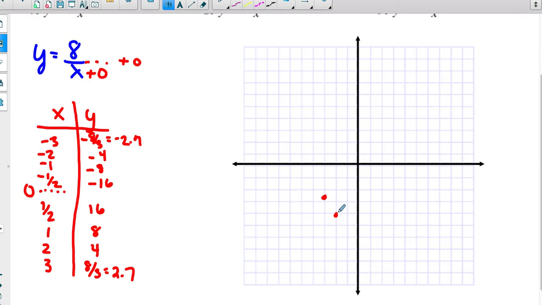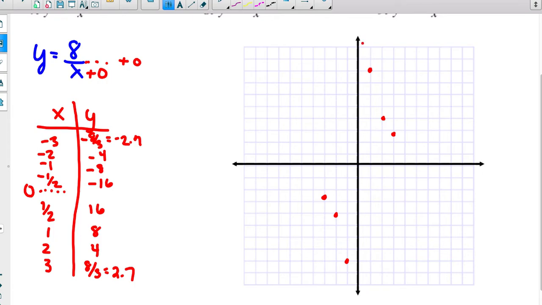Sorry, I'm trying to do that blindly. -1 and then -8, so that's down here. 1/2, 16 is way up there, so I'm not going to put it there. Then 1 and 8, so 2, 3, 4, 5, 6, 7, 8. Then we have 2, 4, and then you have 3 and 2.7.